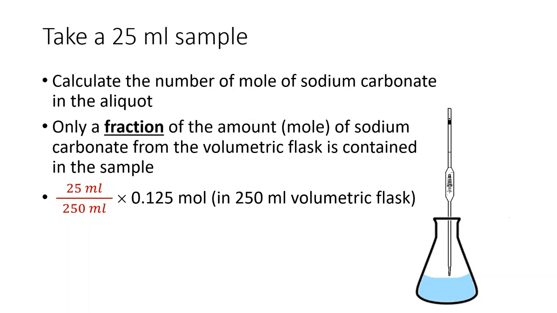That's the total number of mole in the volumetric flask, but I only want a sample of that. And the number of mole in the conical flask, in the 25 mL sample, is only 0.0125 mole of sodium carbonate.